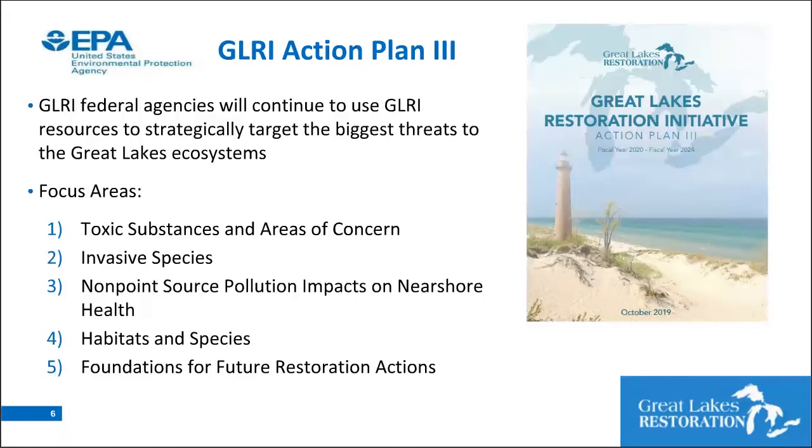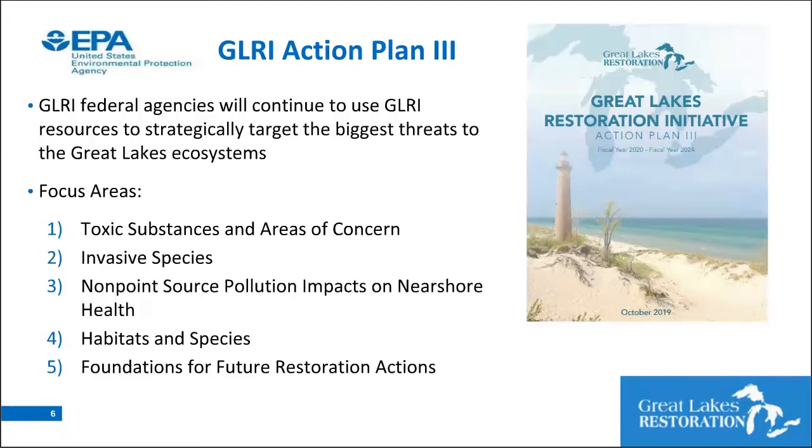It outlines the priorities and goals for GLRI specifically for the fiscal years 2020 to 2024, and it's working towards accelerating environmental progress in 5 focus areas: 1, toxic substances and areas of concern; 2, invasive species; 3, non-point source pollution impacts on nearshore health; 4, habitats and species; and 5, foundations for future restoration actions.